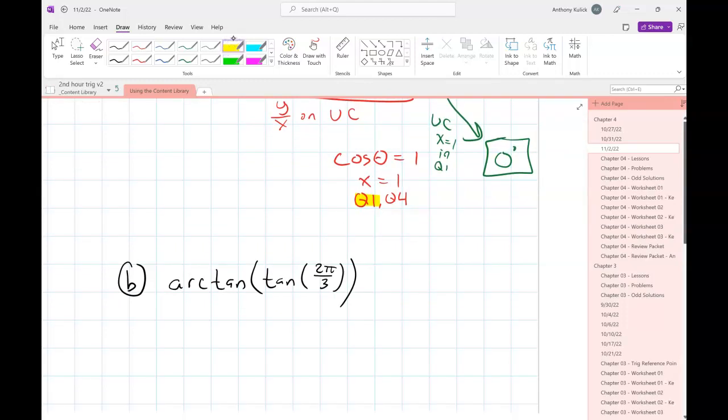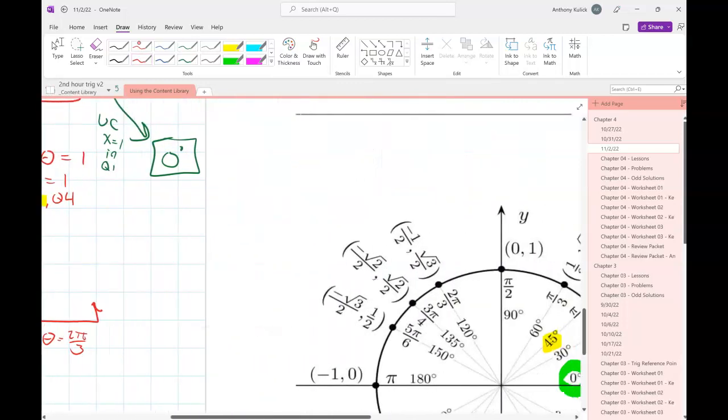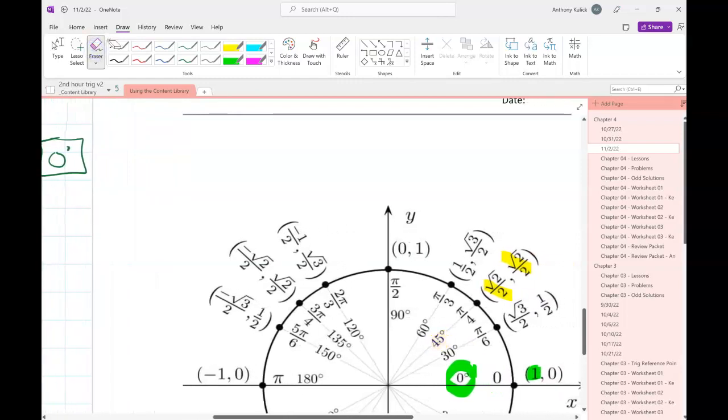Okay, where do we start? The inside. So we're going to go to the unit circle and find y over x when our angle is 2 pi over 3. Everybody's cool with that? Why are we looking for y over x? Because it's tangent. Okay, so we'll go over here to my unit circle.